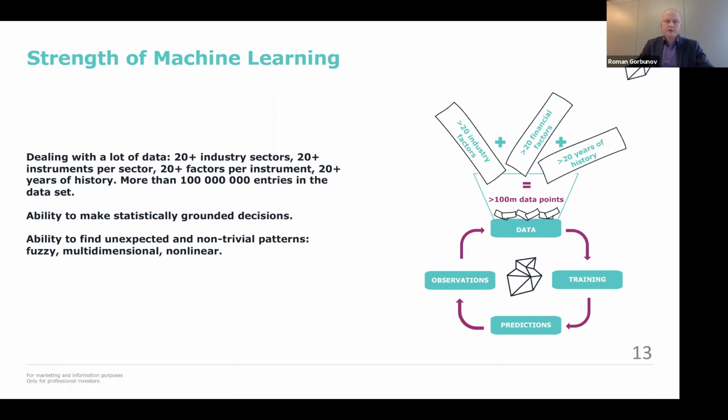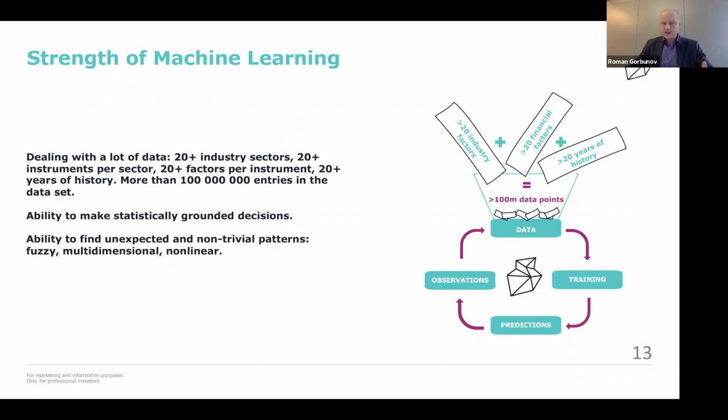So we have much more than 20 features per stock. And finally, we have more than 20 years of history, and these are daily data. And obviously, these dimensions are not additive, they are multiplicative. If you multiply all these dimensions, all these combinatorics, then we get a data set with more than 100 million values in it.